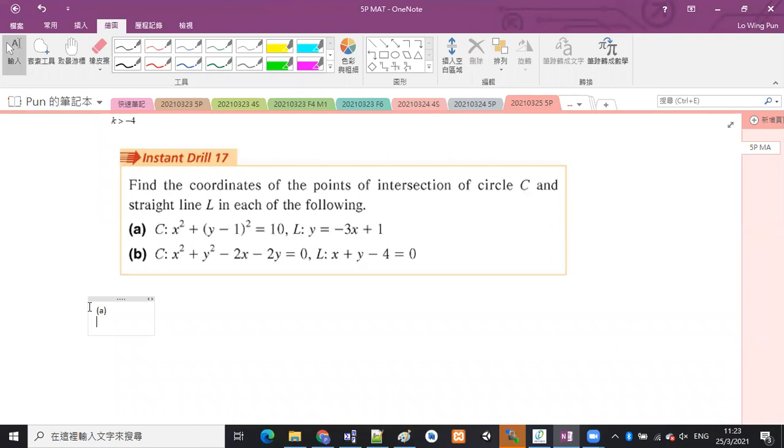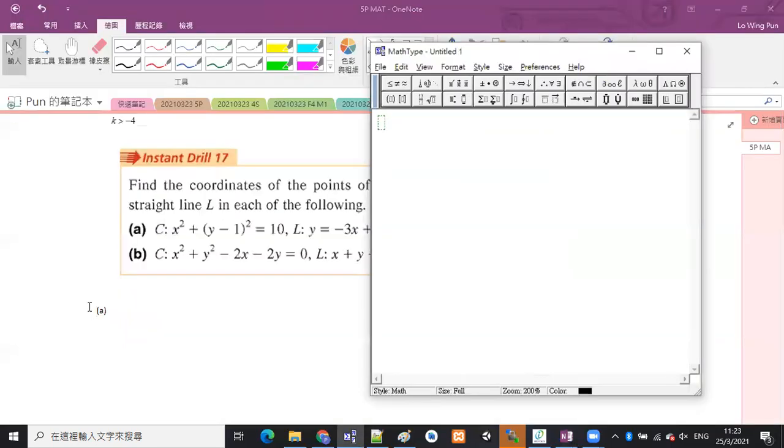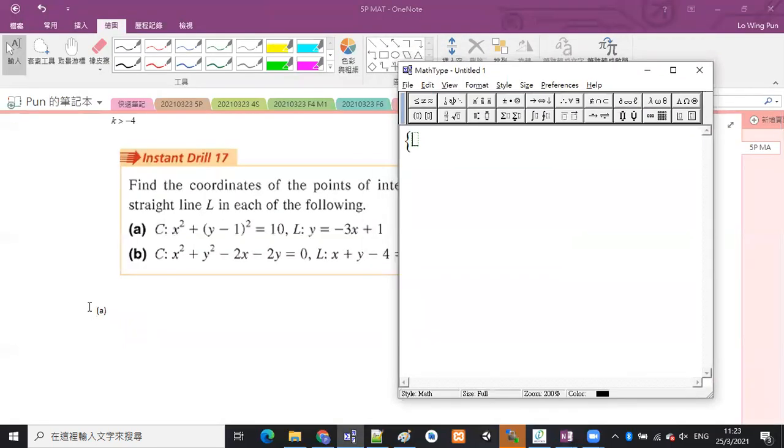So this is about intersection point. So we should just set the simultaneous equations first. Okay, so that is x squared plus bracket y minus 1 square equals 10 to be equation 1, and then y equals negative 3x plus 1 to be equation 2.